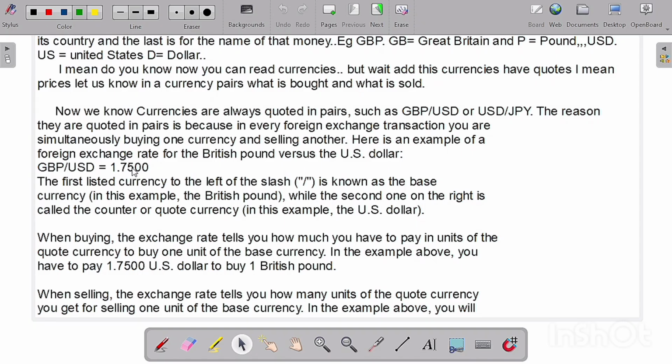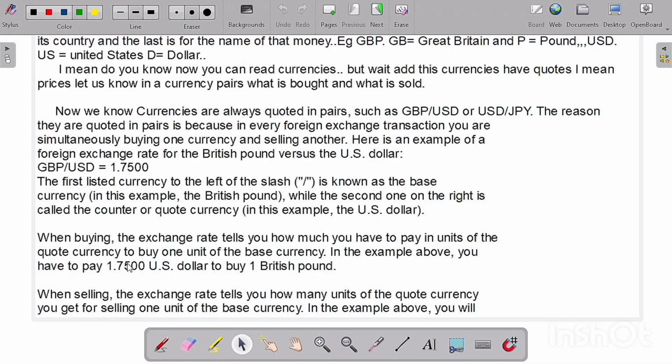This is US dollar. You need $1.75 to buy 1 unit of Great Britain pound. So in the example above, you have to pay 1.75 US dollars to buy 1 Great Britain pound.